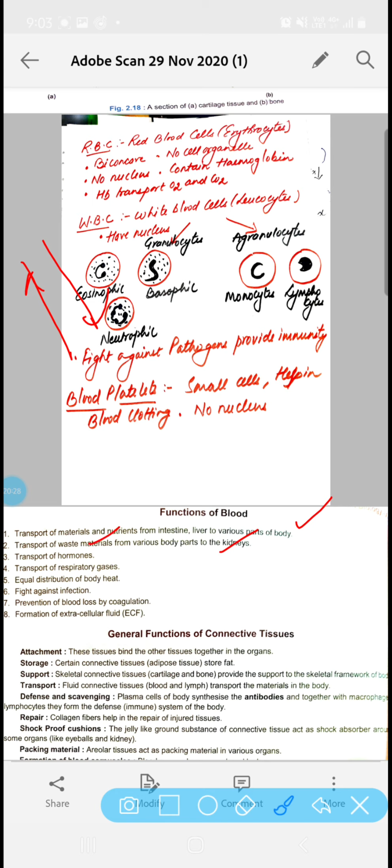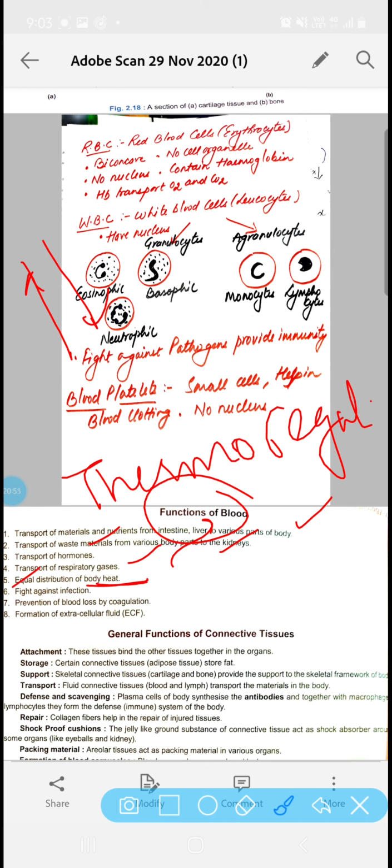Transport of hormones and respiratory gases, they all are by the help of blood. Okay. Now this blood helps in thermoregulation, or we can say it helps in balancing the body temperature. Blood helps in maintaining the body temperature.